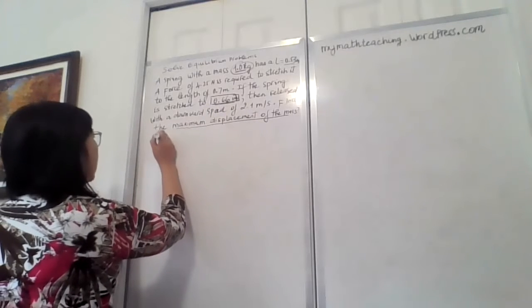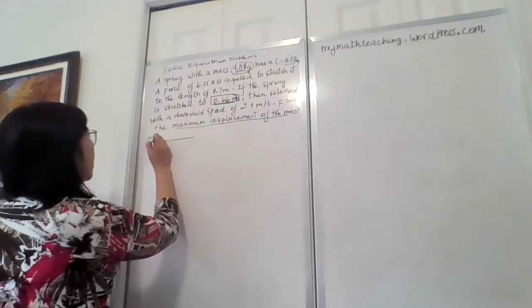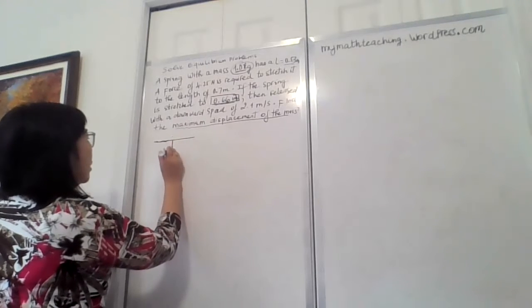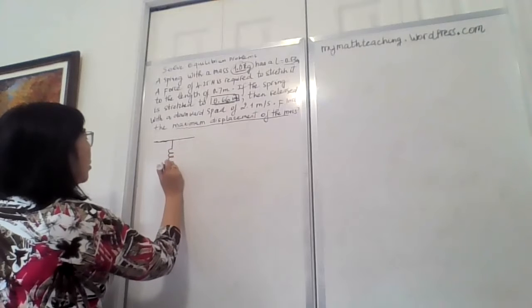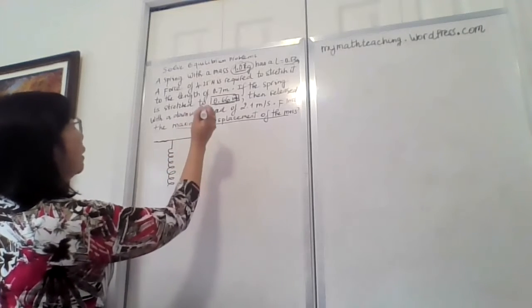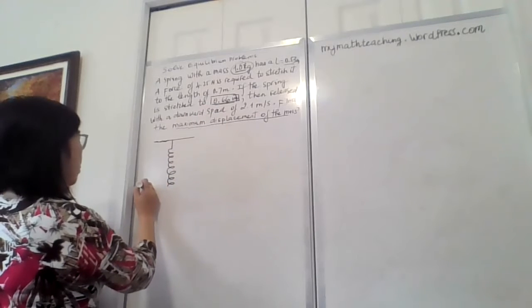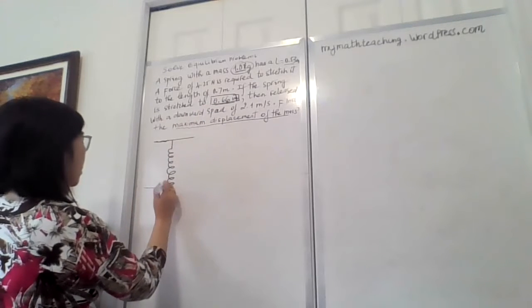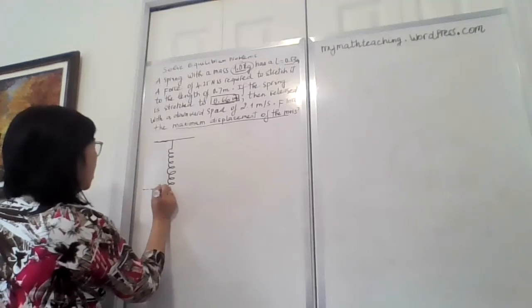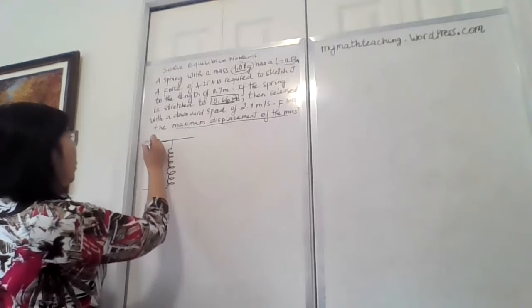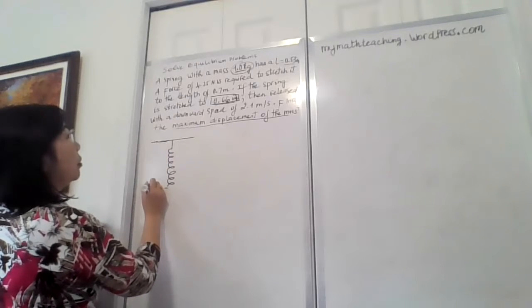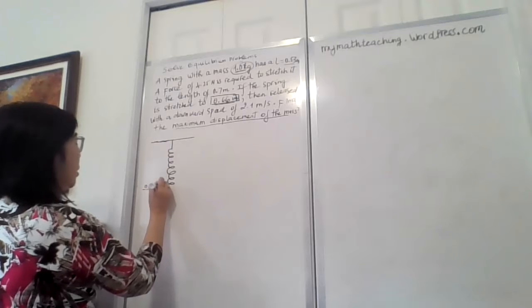So we have a spring with the bar, and then the spring attached to this bar. And this spring has a length, at this level, the spring has a length on the way from here to here of 0.53 meter.